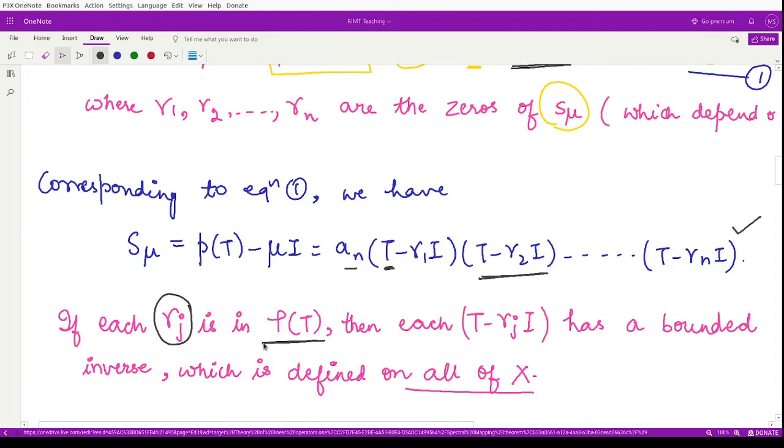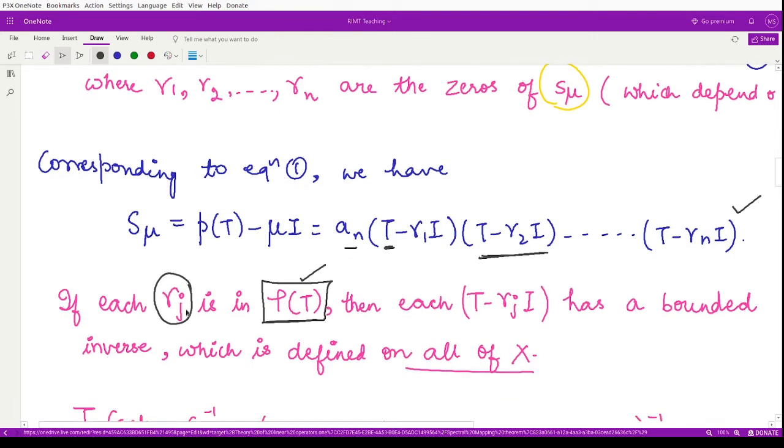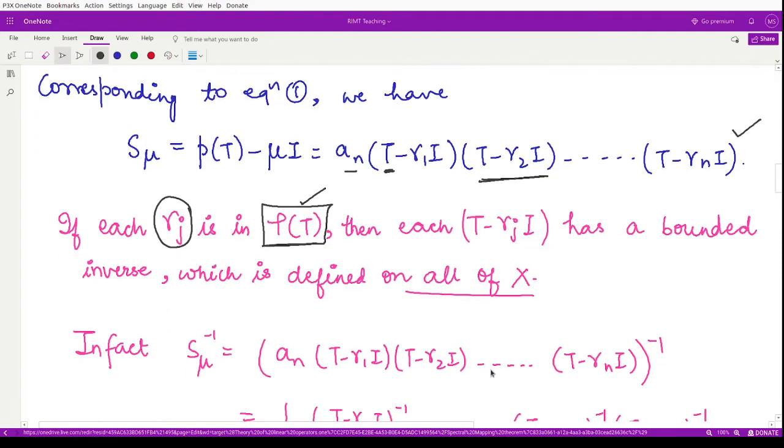Because we are assuming the elements are taken from this resolvent set, and for a resolvent set, the resolvent operator is bounded, exists, and is defined for all of the elements x. Therefore, we say for each gamma j, this factor has a bounded inverse defined on all of x.